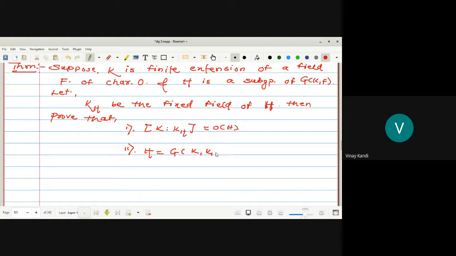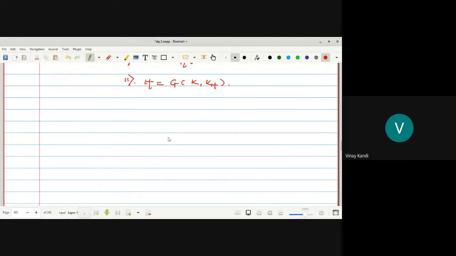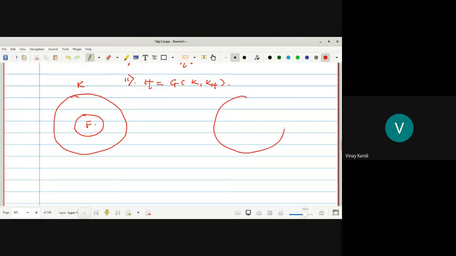Okay, see what it says. K is an extension of F. This is the set of all automorphisms of K. What is G(K/F)? G(K/F) is the subgroup of automorphisms of K which leaves every element of F fixed.